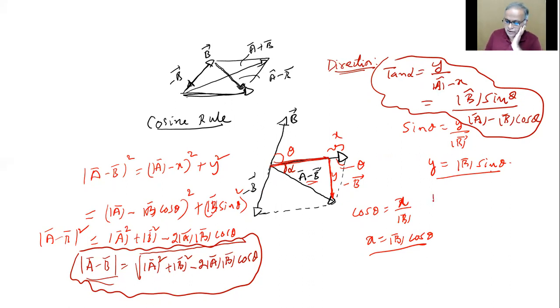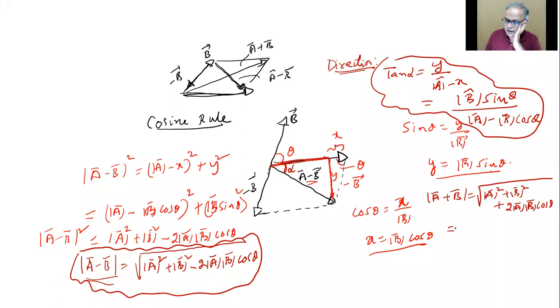What was the original formula for mod of A plus B? Mod of A plus B would be root over mod A square plus mod B square plus 2 mod A mod B cos theta. Now, theta is the angle between A and B, but when I am subtracting, I am reversing and adding. So this angle will be 180 minus theta.